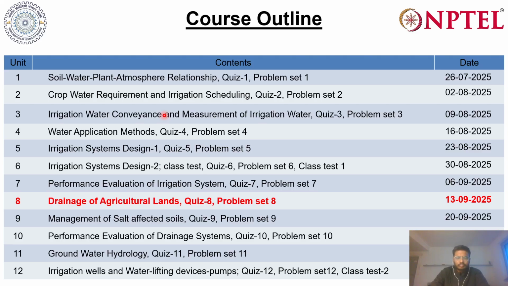Then we talked about various kinds of irrigation structures, how we can transfer irrigation water from one place to another, and different kinds of modernization of irrigation systems, like the drip irrigation system.